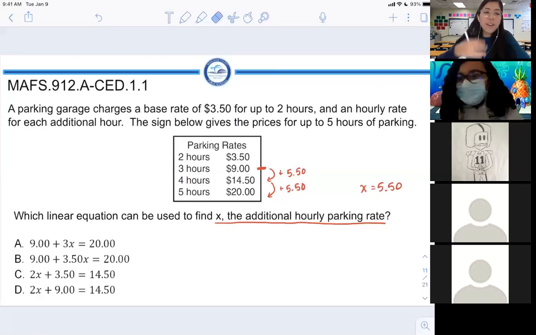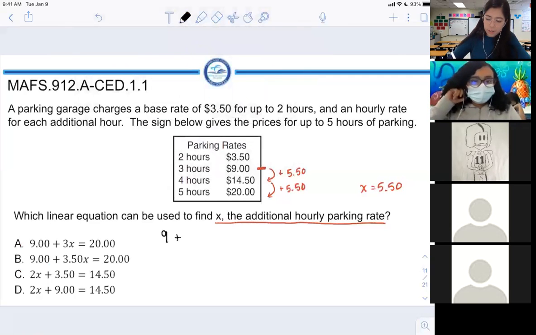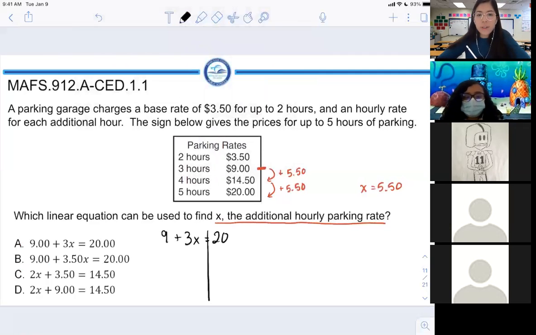Okay, well, if I know that X is 5.50, like I know that's what it should be, one strategy I could think of is to solve each equation. Like this is equation A. We could solve for X and see if you get 5.50. So let's try that. If I'm solving for X, I would subtract 9.